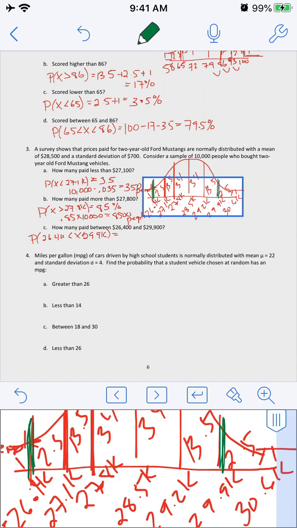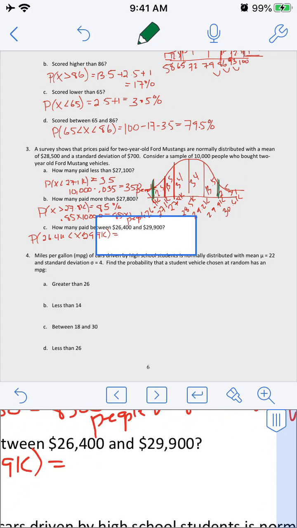So 2.5 plus the 13.5 plus the 34 plus the 34 plus the 13.5: 97.5%. But that's not really the question, right?